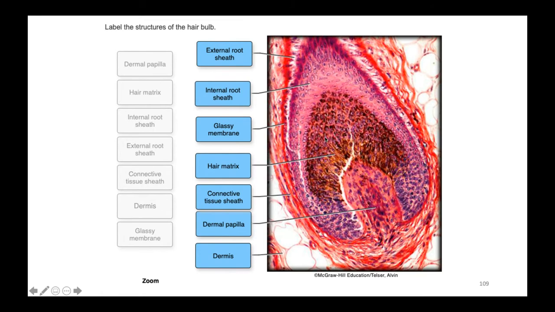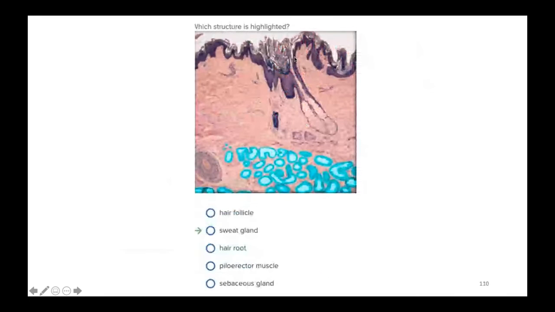Here is the matrix, the hair matrix, kind of similar to the nail matrix. Here is the glassy membrane. Here's the internal root sheath. And if there's an internal root sheath, there has to be an external root sheath.